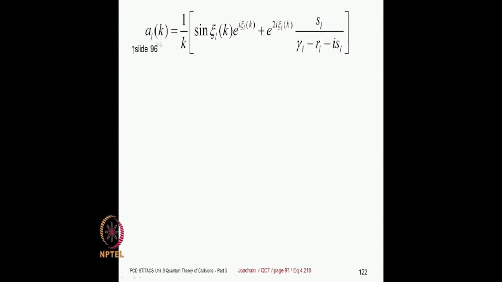So here this is the partial wave amplitude. We have this separation of the phase shift 2 delta into 2 xi plus 2 rho.